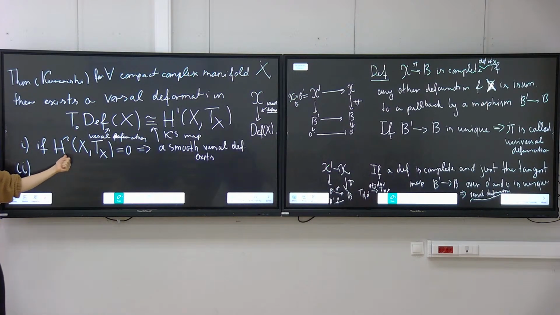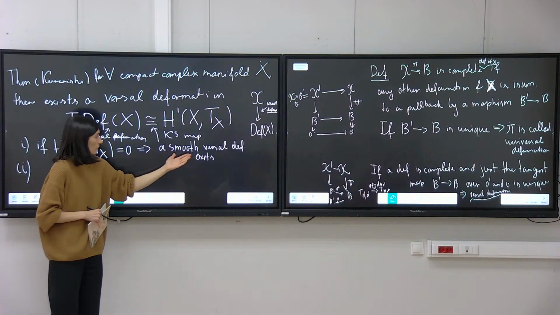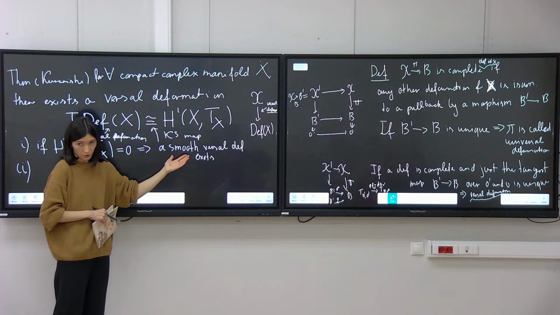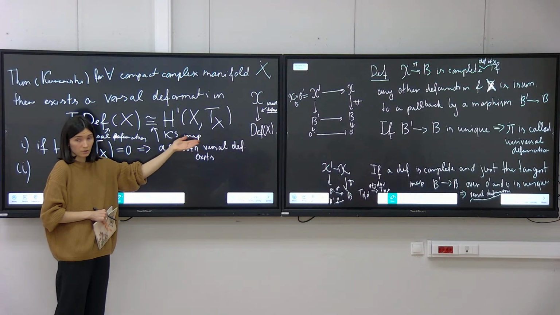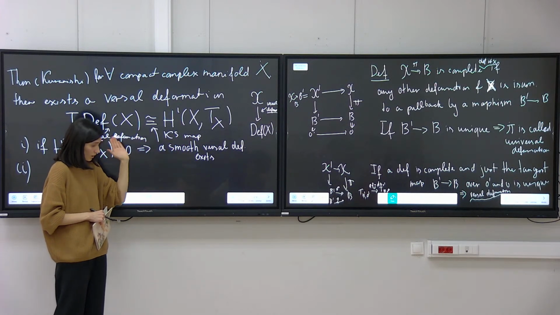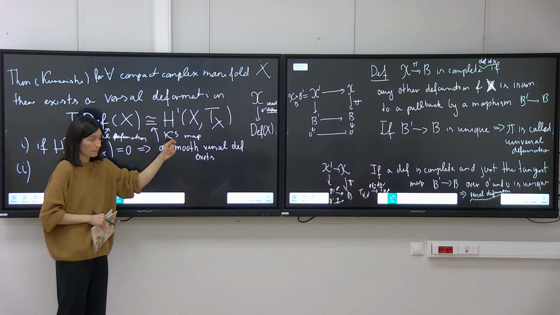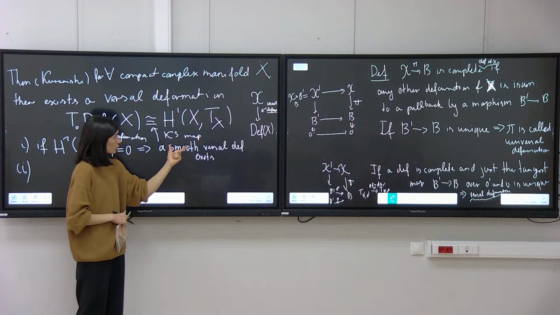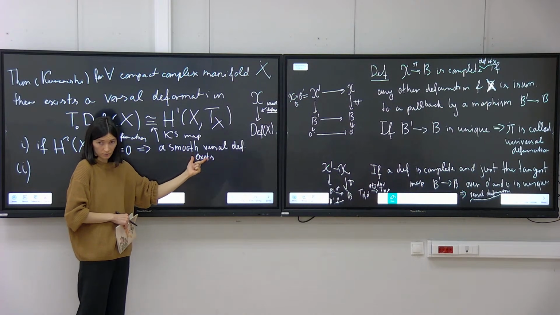If we don't have this vanishing, then maybe there is no smooth versal deformation. There exists some, but it's not smooth. And if we have this vanishing, then the theorem claims that a smooth versal deformation exists.